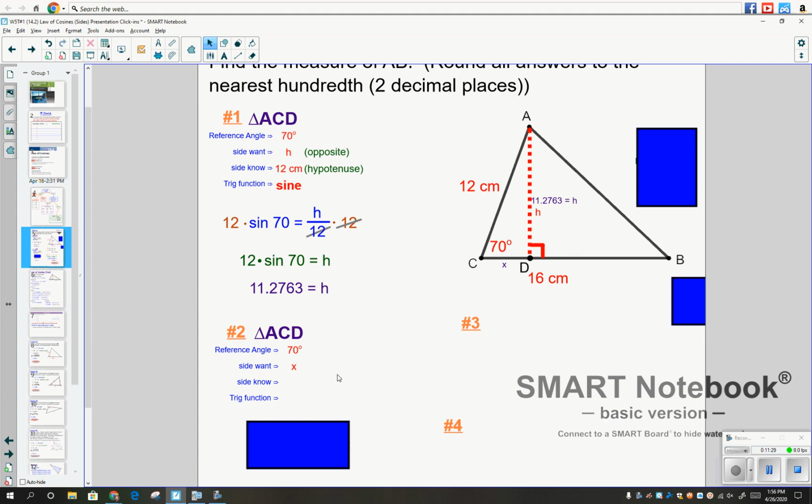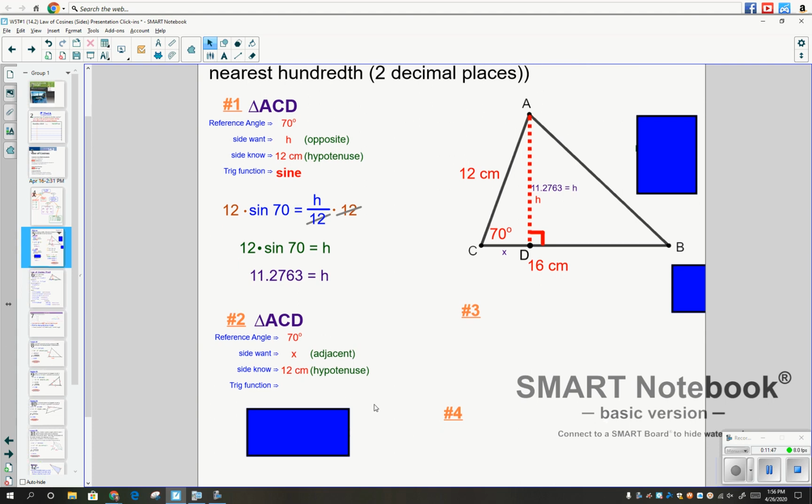Well, my reference angle is still 70 degrees. I still know the measure of 12. 12 is still the hypotenuse. But which side is X? X is the leg that is adjacent. So which trig function uses adjacent and hypotenuse?